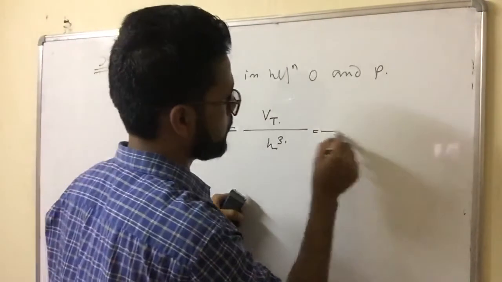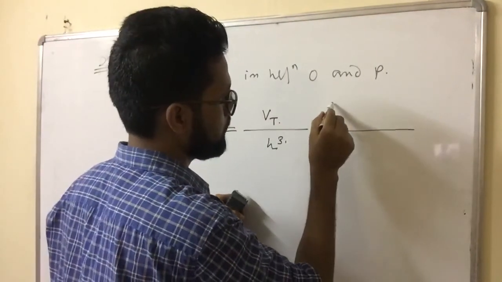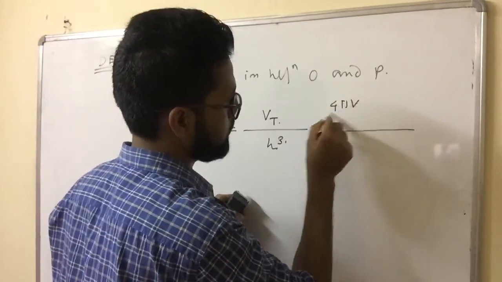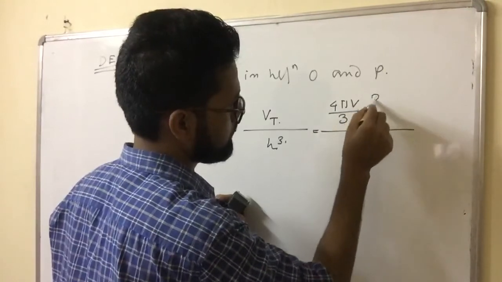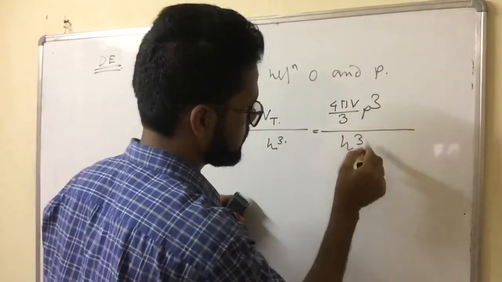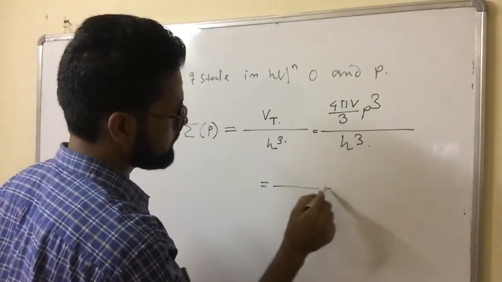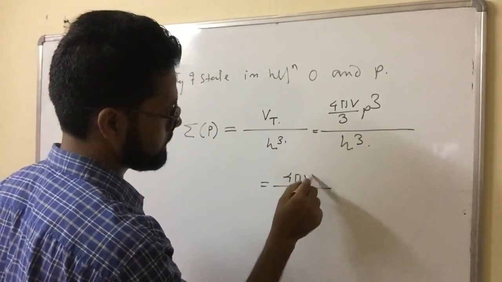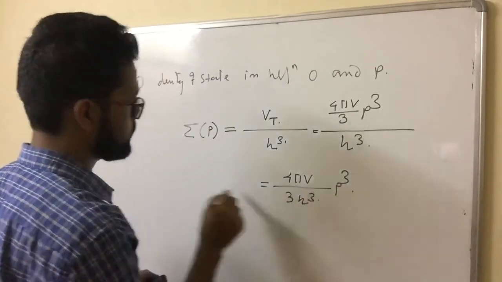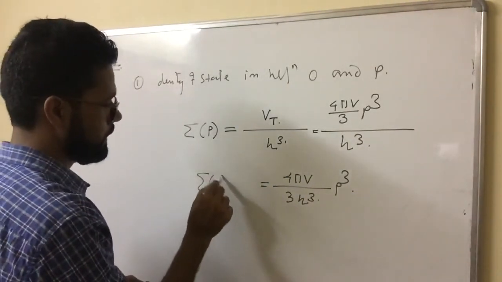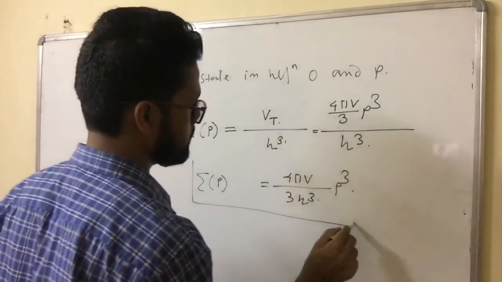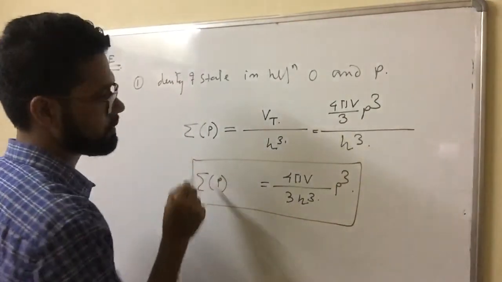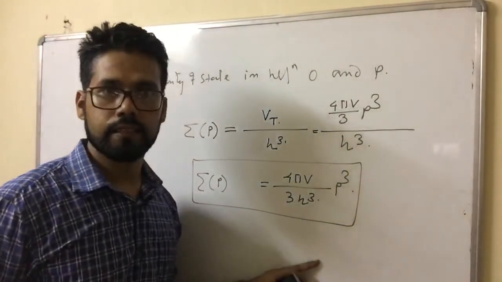So the total volume is 4 pi V by 3 P cube, divided by the unit cell volume, which gives you 4 pi V P cube by 3 S cube. This is known as the density of state in between momentum 0 and P. This is very important. Clear?